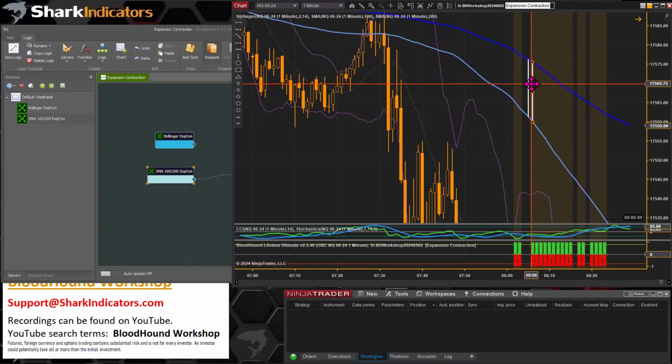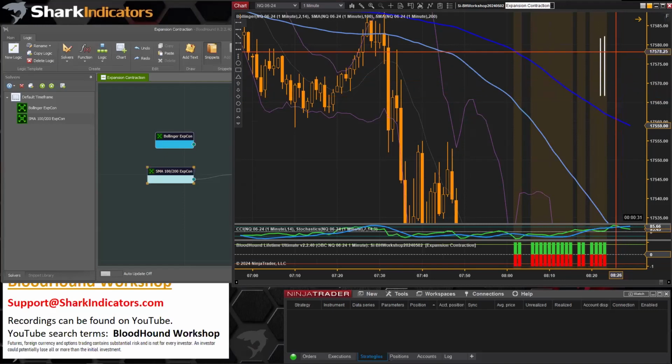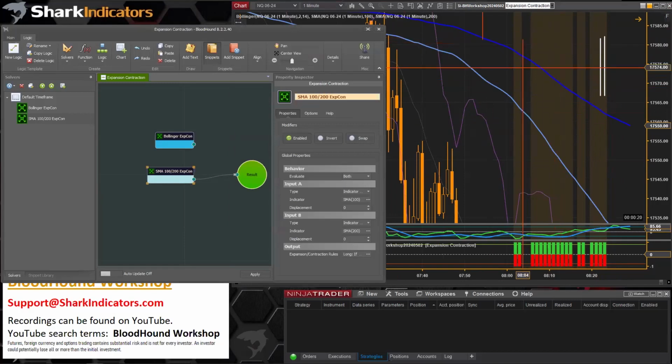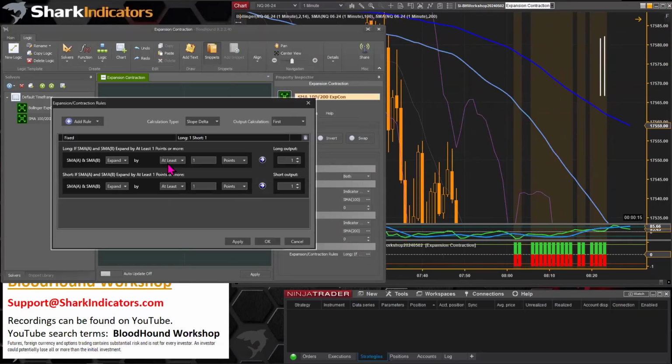So now, if we take these two lengths, there we go. That's pretty good. So if we look at the top right and take a look at that, the difference between those two lengths, right, the difference is greater than 1 point. So that's what we're looking for.